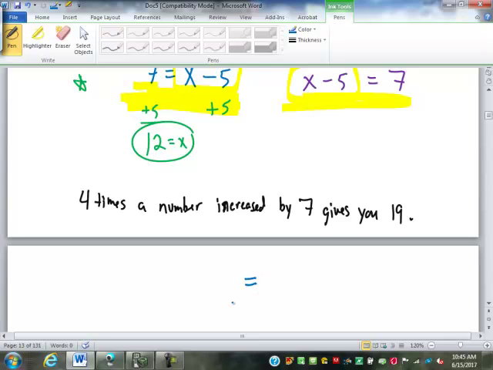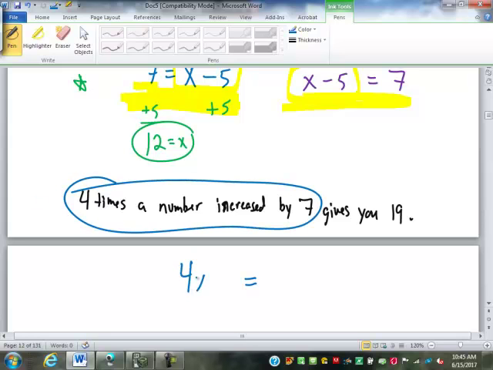What comes before the equal sign? 4x plus 7. Perfect. Here, gives is the verb. You is actually an adverb. 4 times a number increased by 7 is 4x plus 7. On the other side, the 19.